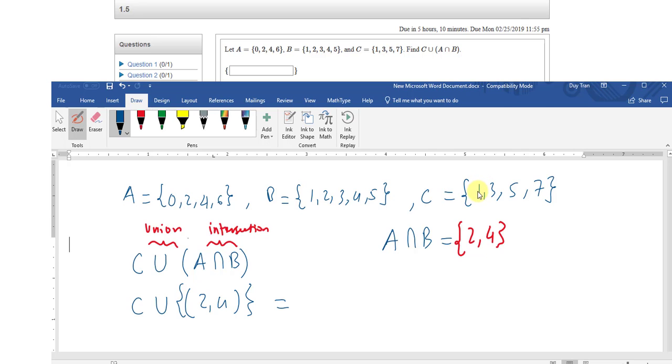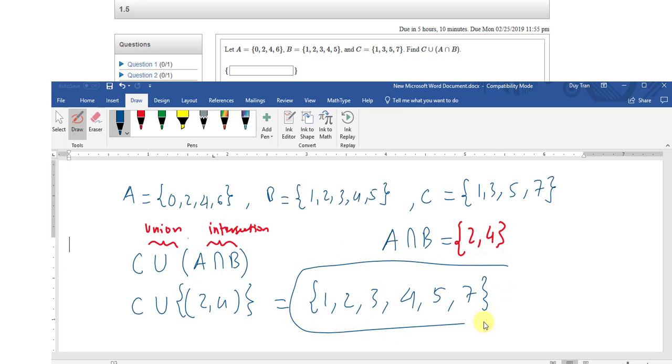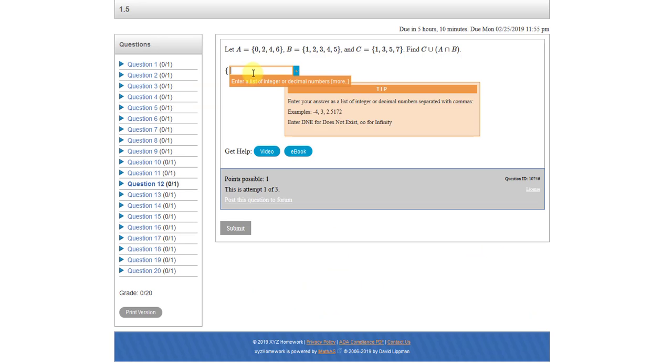We stack from the smallest value: 1, 2, and then 3, and then next one is 4, and then 5, and then 7. So it is everything inside C and everything inside this one, which is 2 and 4. We just combine them together. So 1, 2, 3, 4, 5, 7.